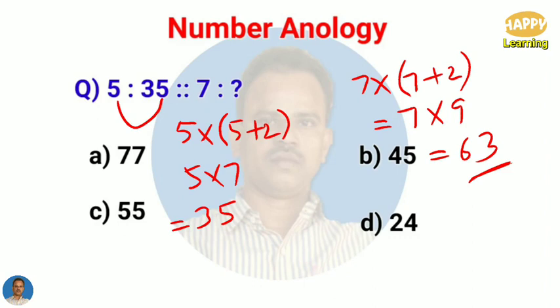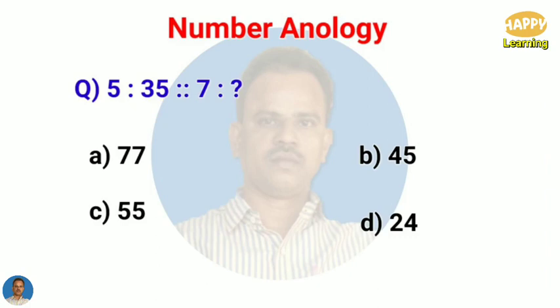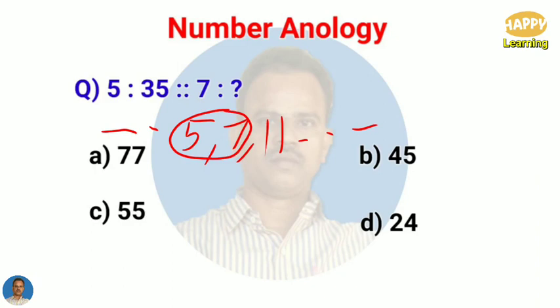So we should think in a different way. Let us try some other method. The prime numbers 5, 7, 11 and so on. This 5 into 7, 5 into the next prime number equal to 35.